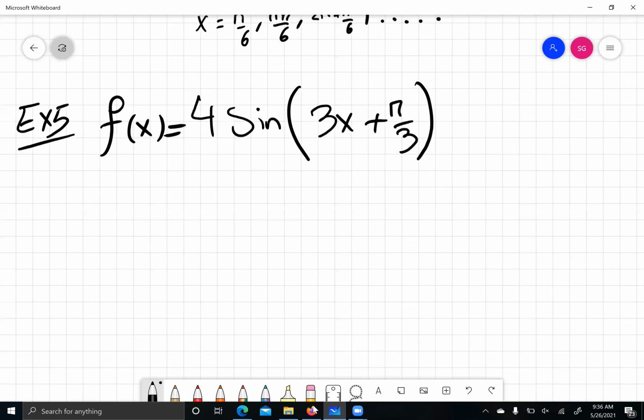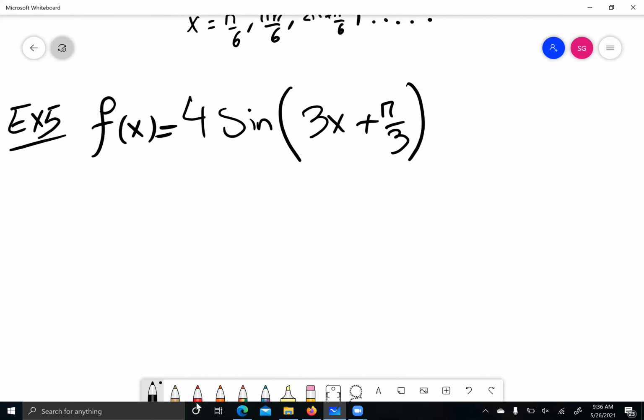Look at the angle, what do you see here? It's 3x plus pi over 3, so here you have a sum of angles. That tells us we can use the sum identity. So I'm going to apply the sum identity for sine.